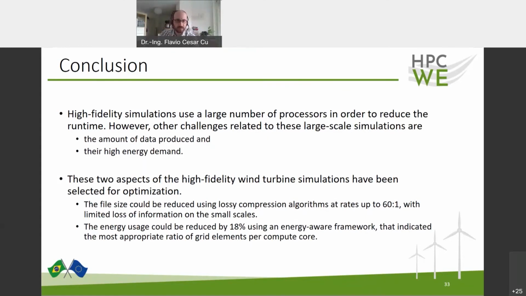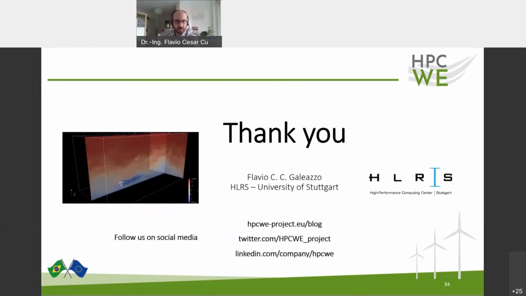And we could save up to 18% energy by selecting the right amount of grid elements per rank. So thank you very much, and I'm happy to answer any questions that you have.